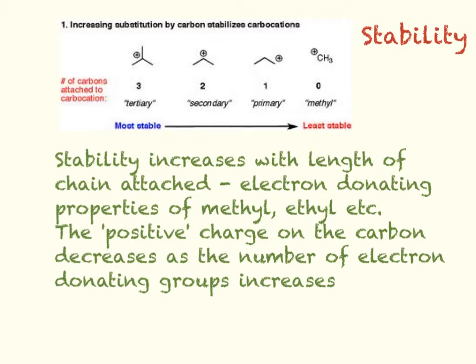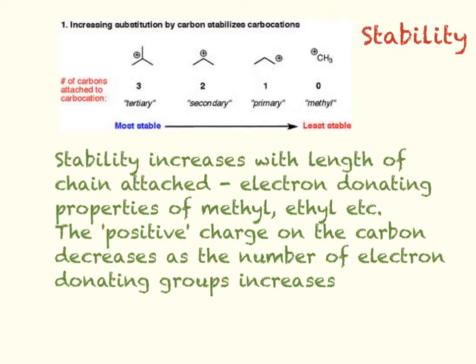And this is shown in this nice little stability chart here. We can see that the tertiary structure, in other words the carbon, is surrounded by chain structures, CH3 or longer. Then it will be the most stable because it has these electron donating groups which reduce the effect of the positive charge on the central carbon atom.